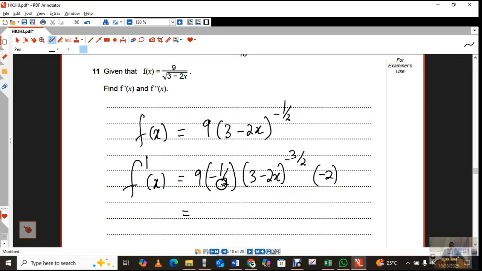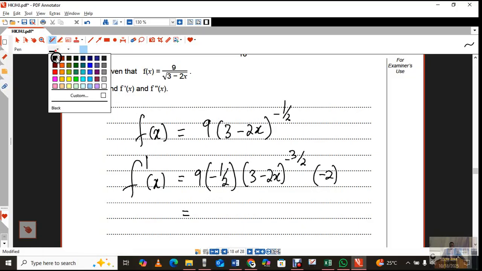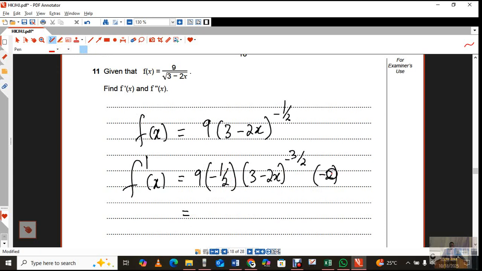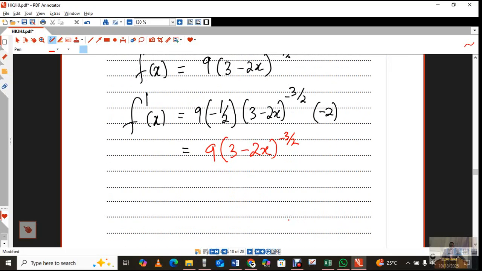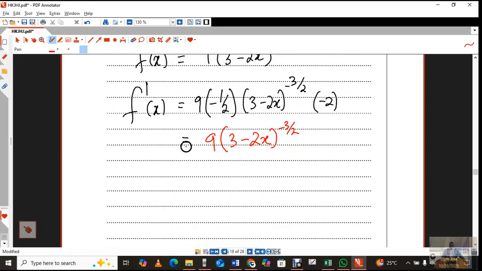The negative a half times the 2 cancels, leaving you with 9 times (3 minus 2x) raised to the power of negative 3 over 2. I can leave it like that, or this is the same as 9 over the square root of (3 minus 2x) raised to the power of 3.